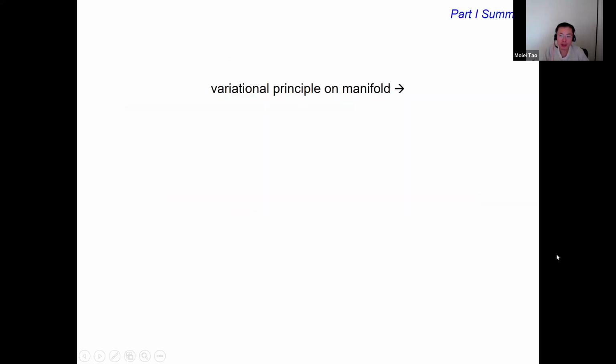But let me first summarize part one. By using a variational principle on manifold, we can start doing optimization. You have to do a trick. Well, you don't have to, but we use the trick, which is this trivialization, which allows us to get a momentum variable, which is Euclidean.